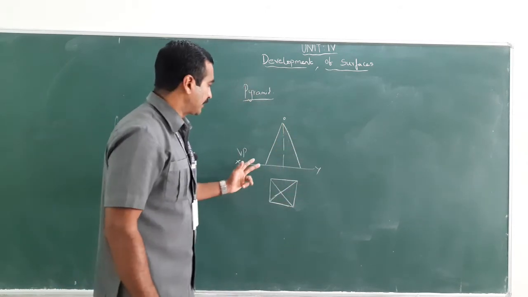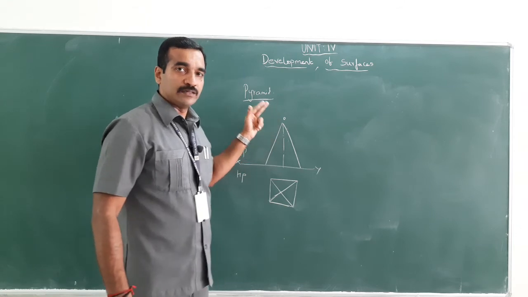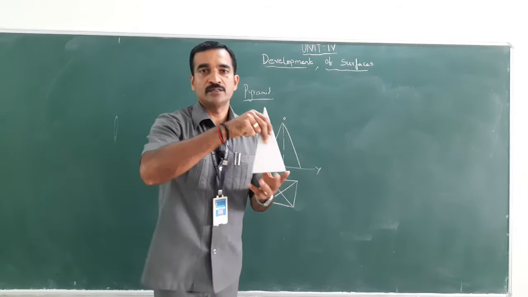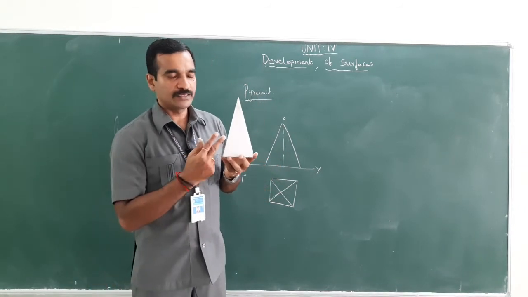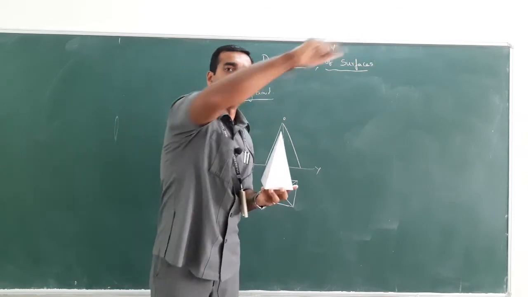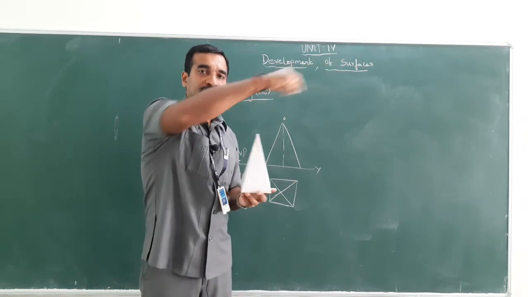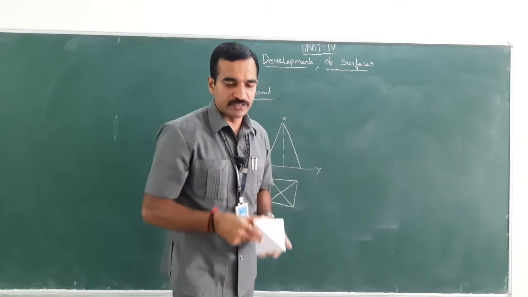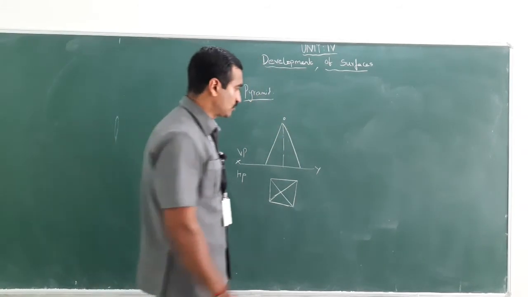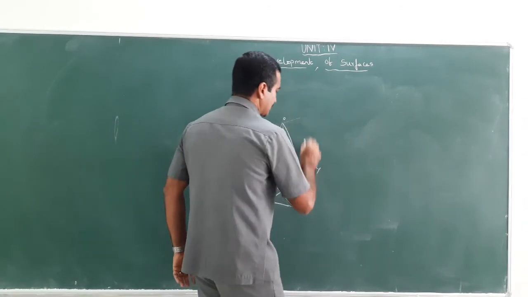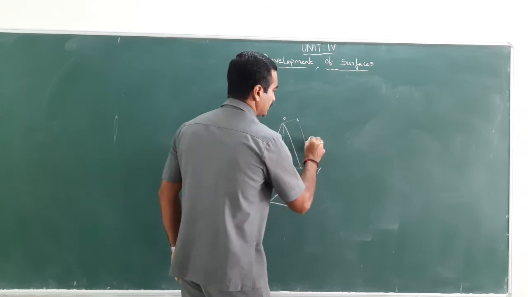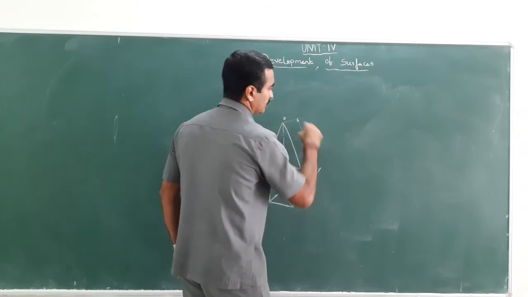If I cut one of the slant edges and stretch it out to the right, from rear to the right, you could see the isosceles triangle, right? This length is the slant length, the slant edge length.